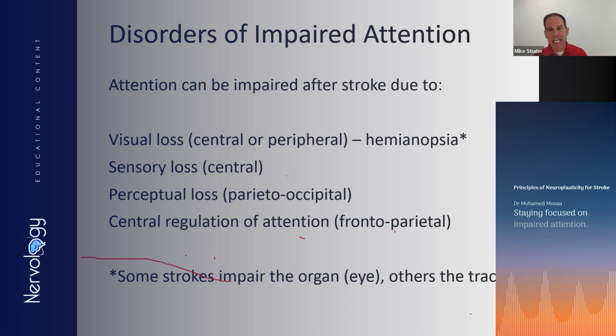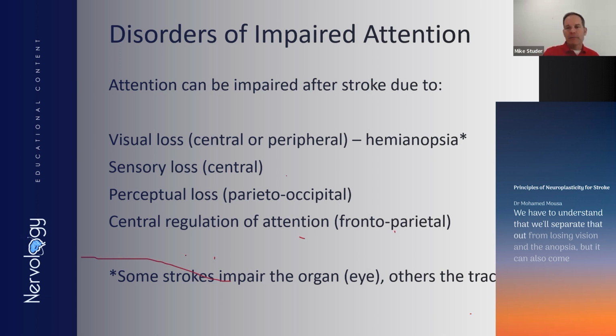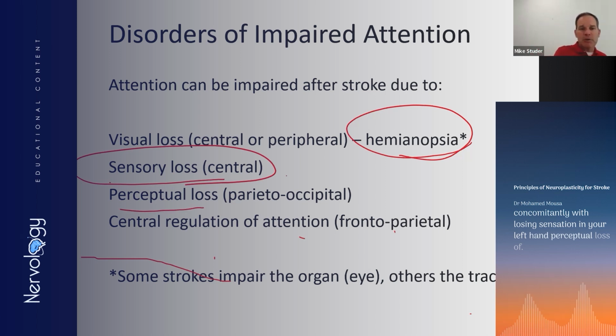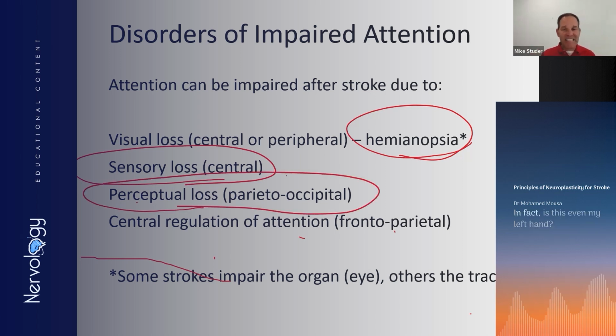Staying focused on impaired attention, we have to understand that we'll separate that out from losing vision, hemianopsia, but it can also come concomitantly with losing sensation in your left hand, perceptual loss of, in fact, is this even my left hand?